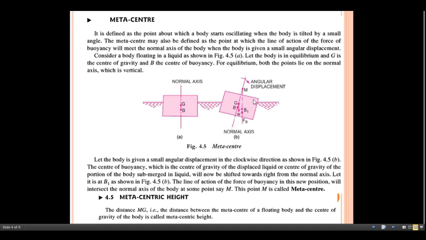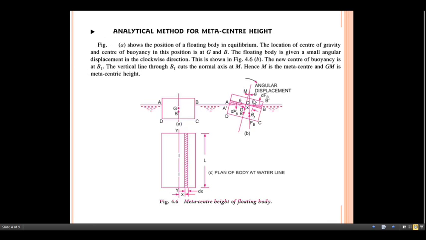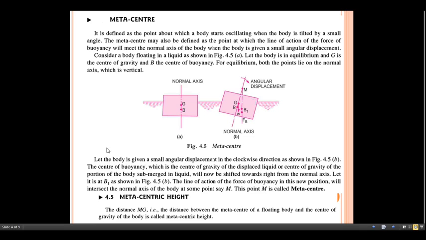Now my target is to get the metacentric height, the distance MG, that is the distance between the metacenter and the center of gravity of the body, called the metacentric height.